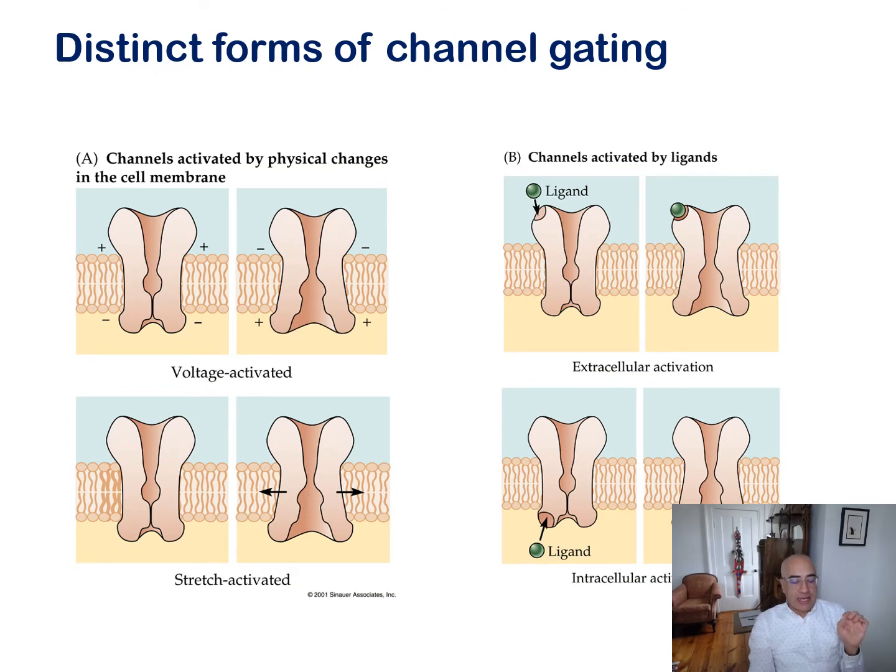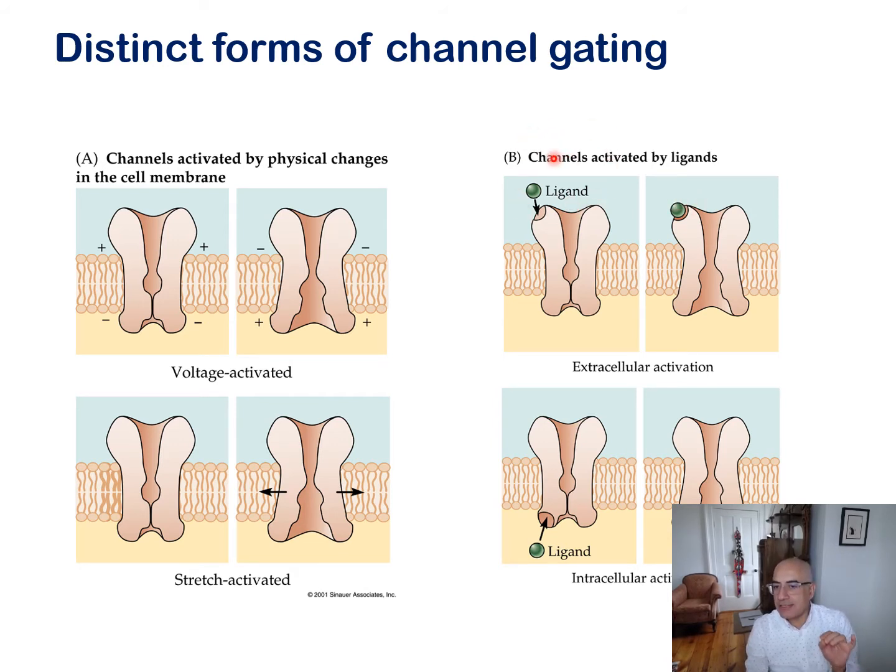There are, as I said, different forms of gating for channels. The one that I told you about right now was voltage gated channels. So some channels are voltage gated or voltage activated. There are other channels that don't care about voltage across the membrane at all, but they open only when the channel binds to a specific molecule. That molecule that binds the channel and opens it is known as a ligand.